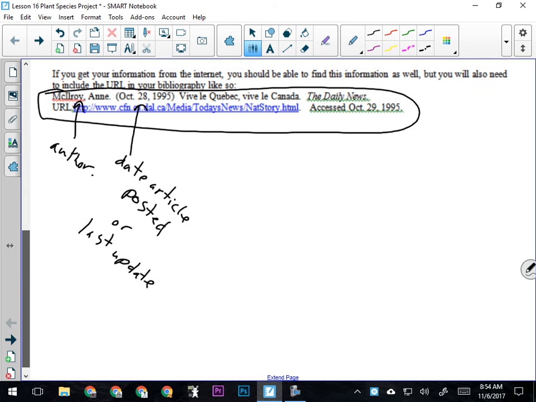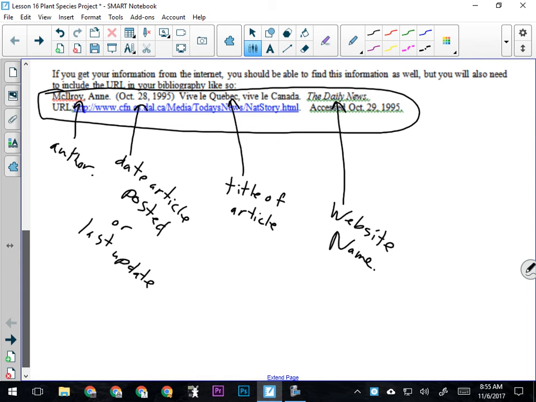Then this is the title of the article, and this is the name of the website. Then you have the URL, so just copy and paste whatever's in the address bar, and then the date you accessed it. So if you start today, November 6th, 2017.